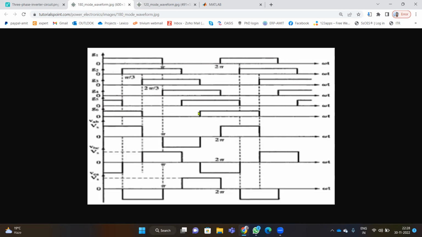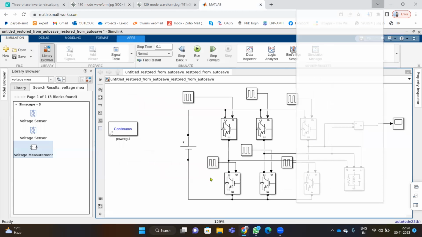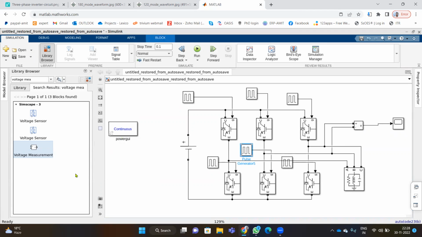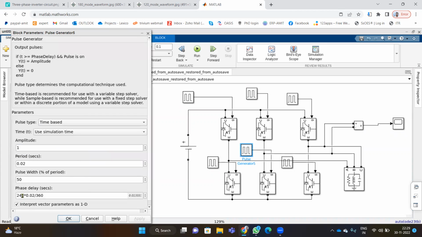So if we start it at this 300 degrees, what will happen? Our output will be 50% for the first half cycle, and after that we will get a complete output. So let's start it at 300 for simplicity.